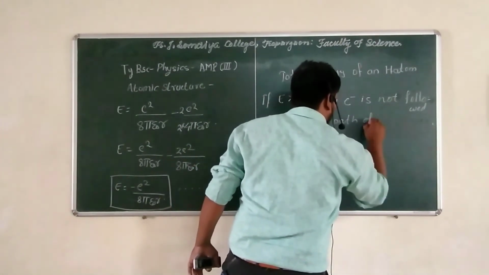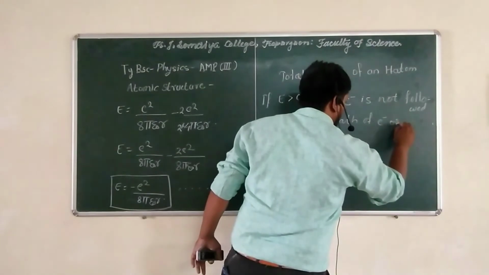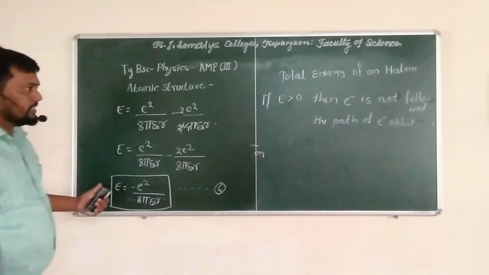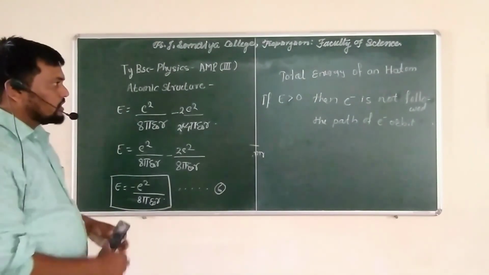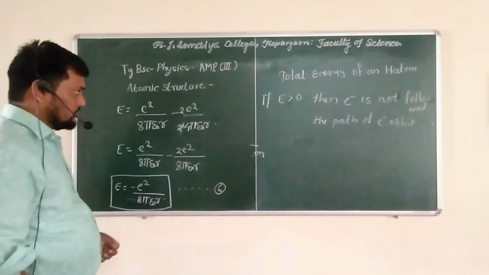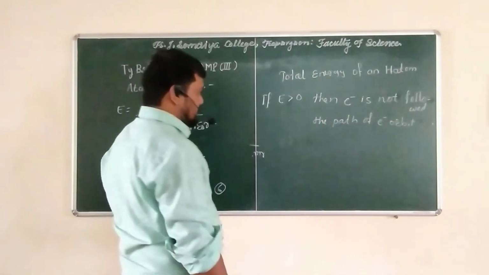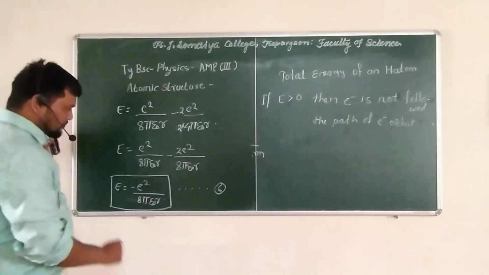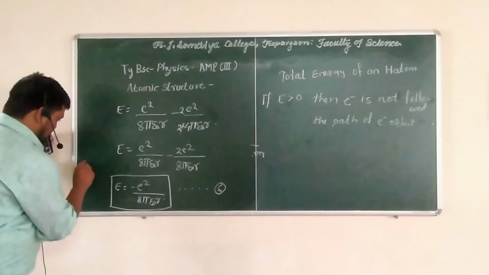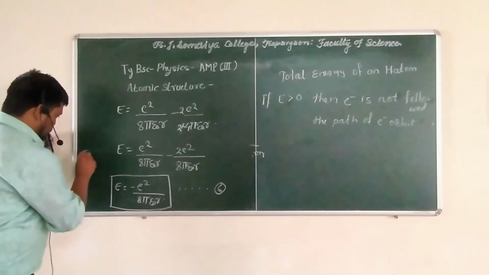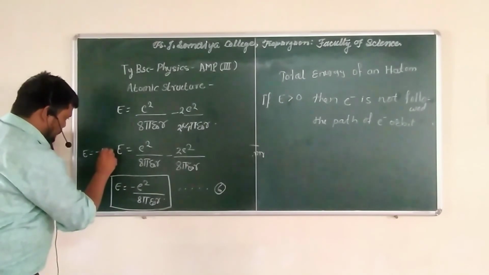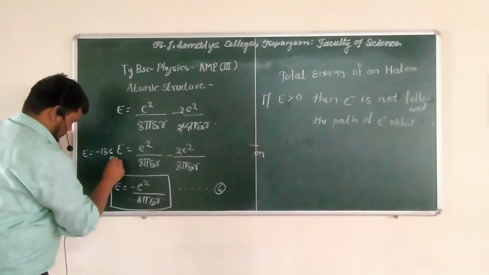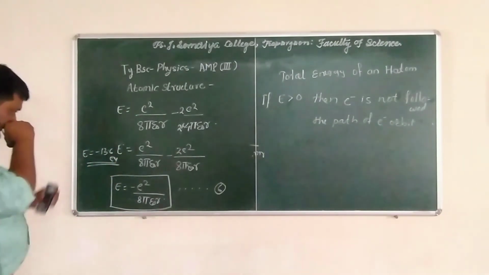That's why this energy is negative, and the minimum ground state energy is directly proportional to 1 by n squared. The value is roughly calculated as E equal to minus 13.6 electron volt.